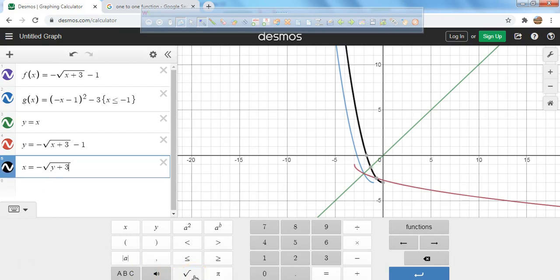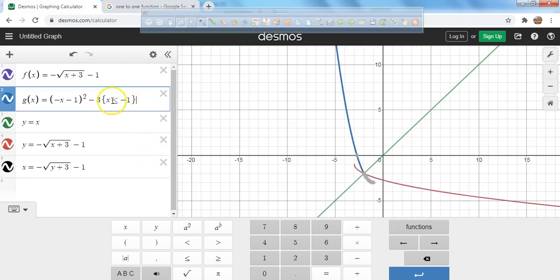Why? Are you just exchanging the x and y values? I am. And check this out. This is the actual function. But this is, if you just switch in x and y. But look, they match. That's how you can check your work. Isn't that beautiful? I know, it's pretty awesome. Desmos, thank you so much for making my job easier just teaching.